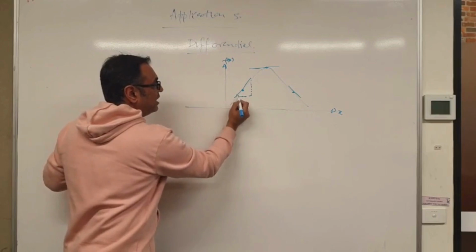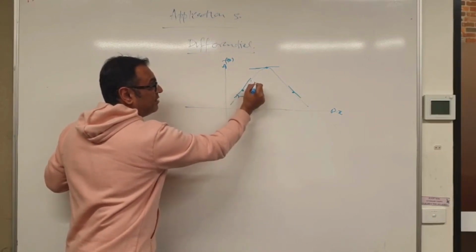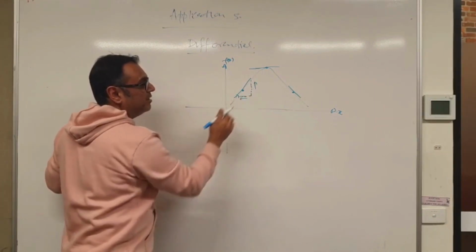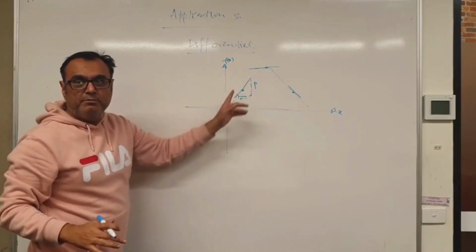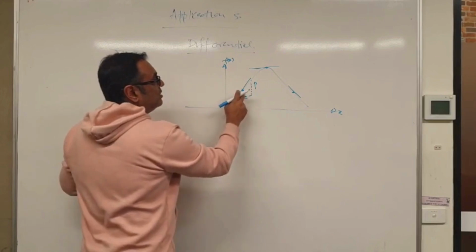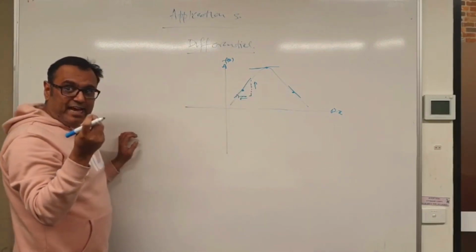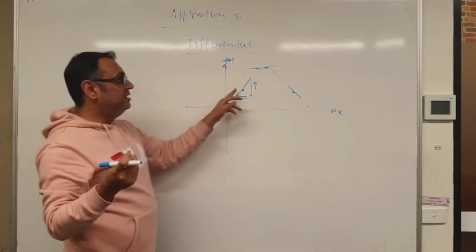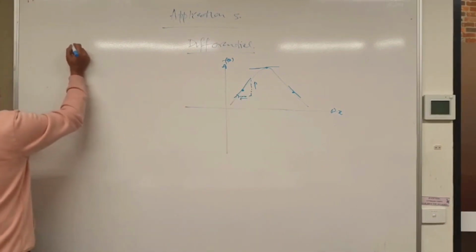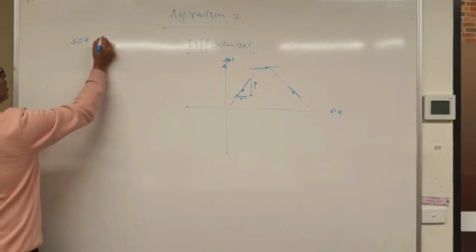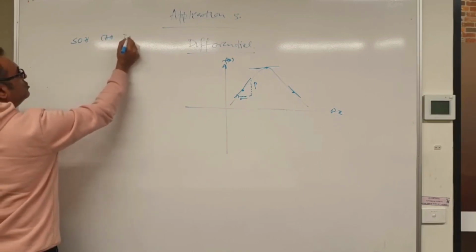So if this is theta, I find the tan theta, rise over run, for this tangent. Then I don't have to do anything with the graph. I'm just dealing with the tangent. And that value of tan theta is the gradient. Why am I using tan theta? Because what is tan theta? So, soh, cah, toa.